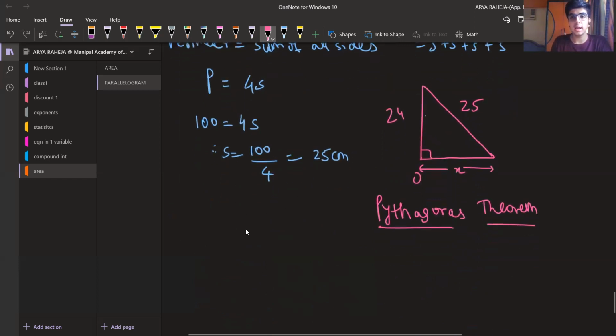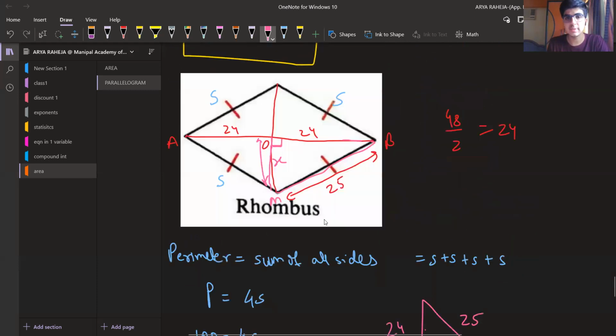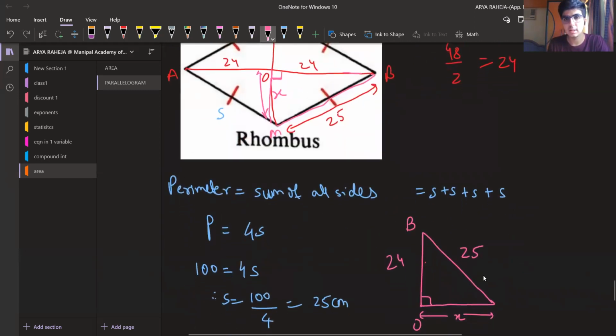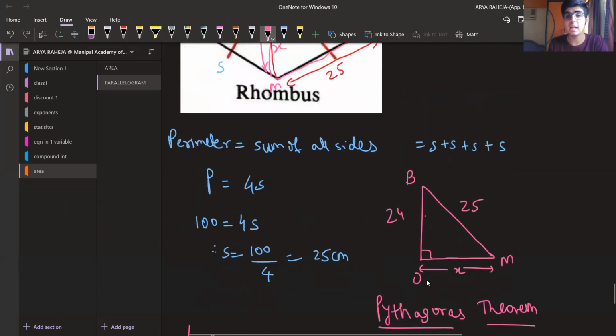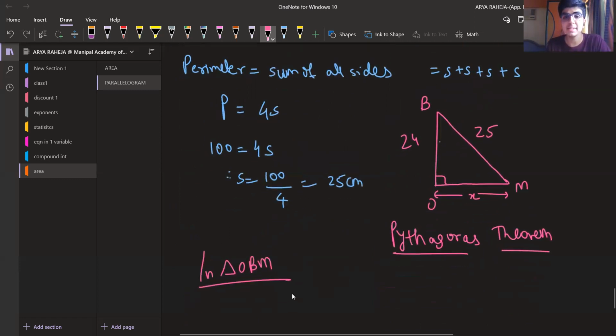So in this triangle, according to Pythagoras theorem, the square of the hypotenuse is equal to the sum of the squares of the other two remaining sides. So in this figure, this is B and this is M. So in triangle OBM, by using Pythagoras theorem, BM is the hypotenuse.